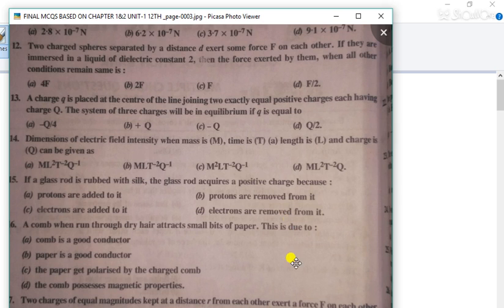So question is about this one. So if two charges are there, it is Q and this is also Q and another charge q is placed here. The three charges. So we have to find the value of this q so that the system of three charges will be in equilibrium. So by finding the value you can check.